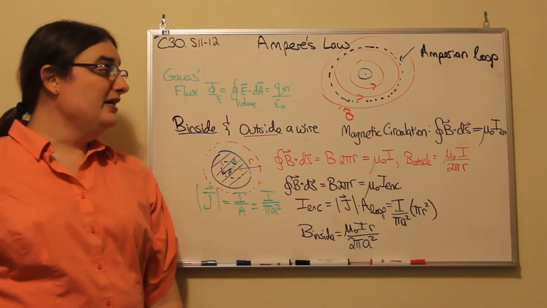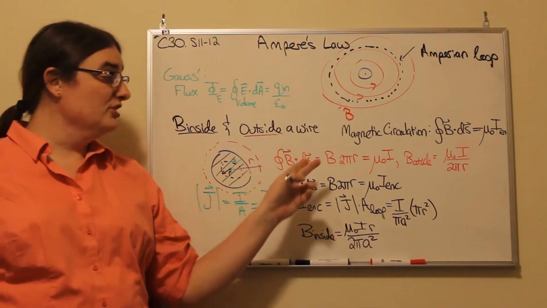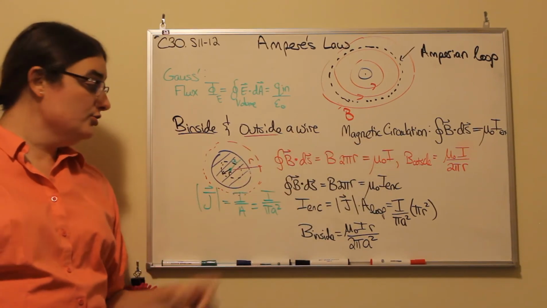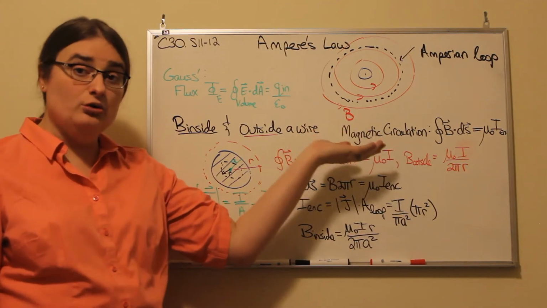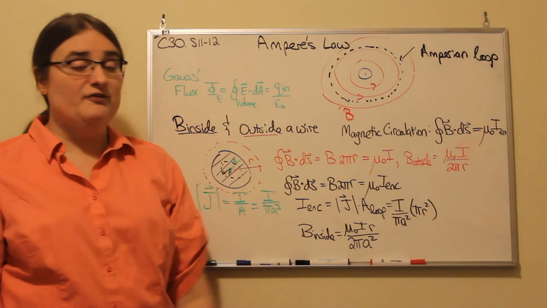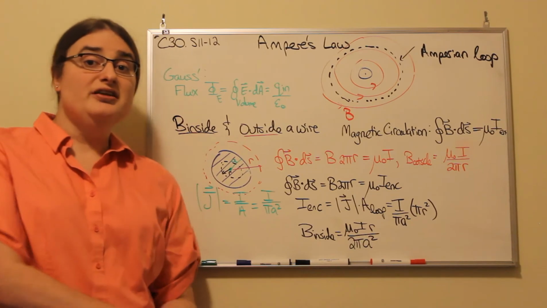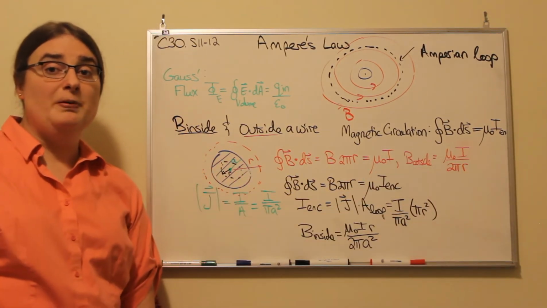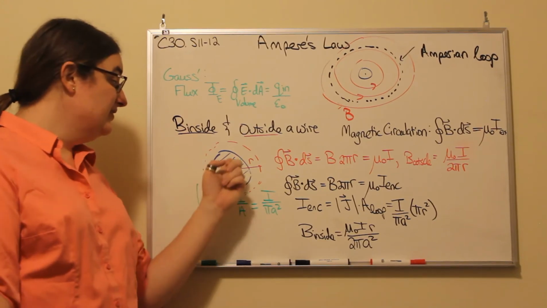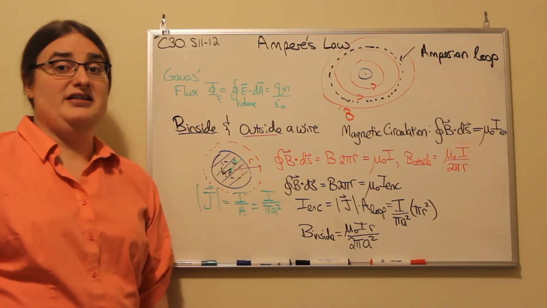And that would just be equal to, according to Ampere's law, mu naught times the current enclosed. I'm outside the wire, so my current enclosed is my total current I. So the magnetic field outside is the result that we get from the Biot-Savart law, mu naught I divided by 2 pi r.